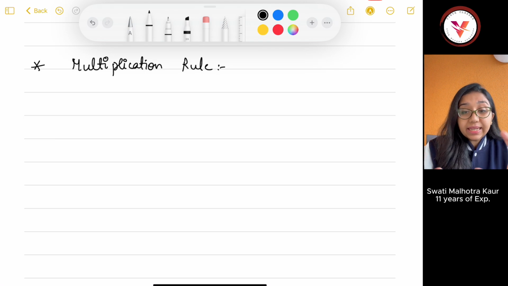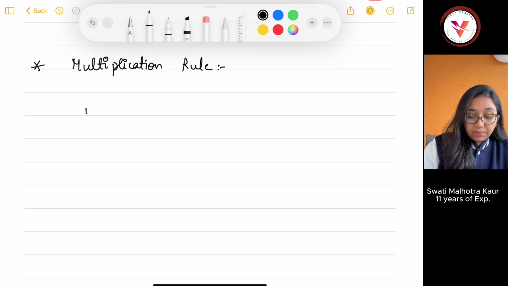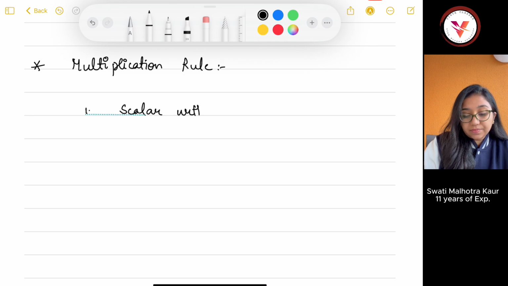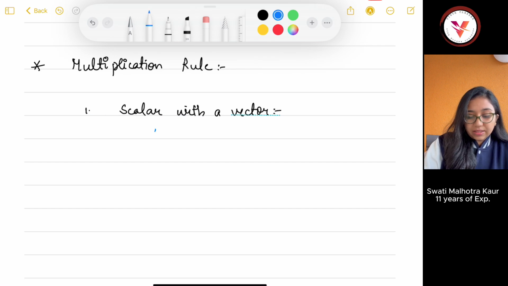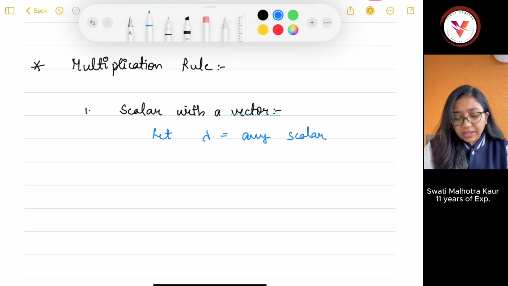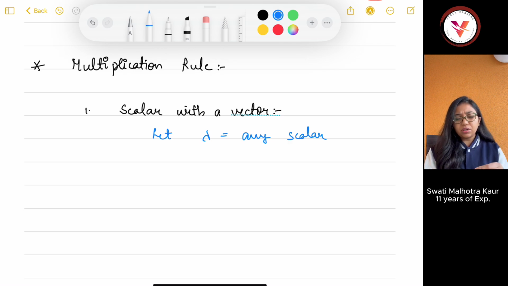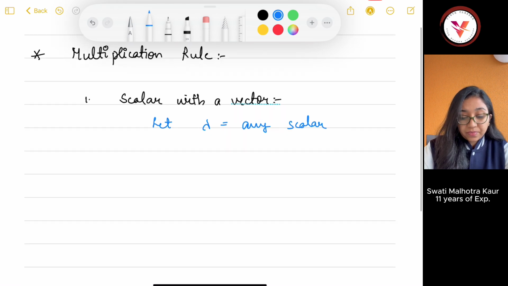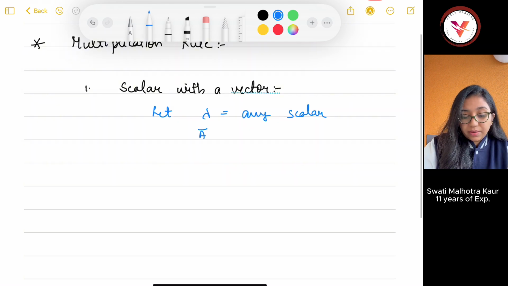The next is multiplication of a scalar with a vector. Let's consider lambda to be any scalar, a variable; you can take any number, 1, 2, 3, -1, -2, anything, and a be any vector.